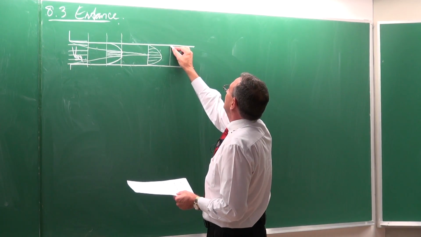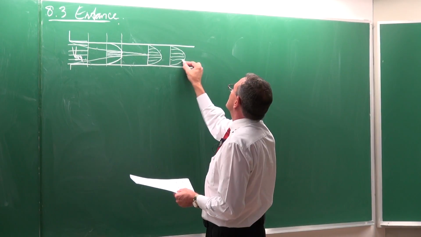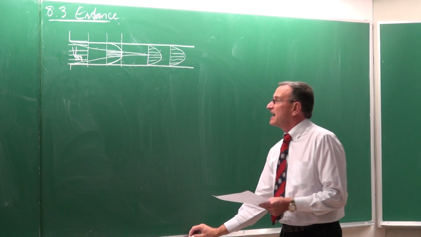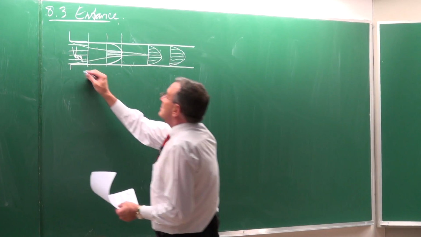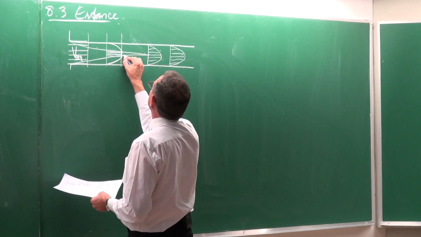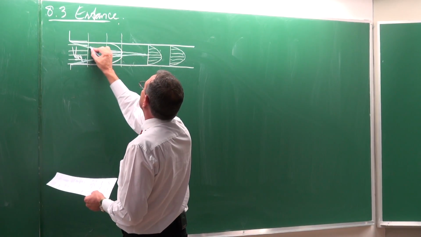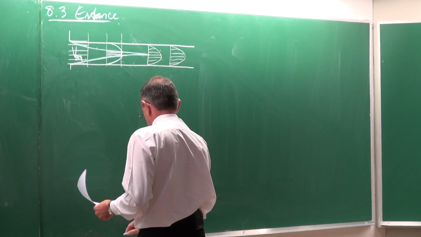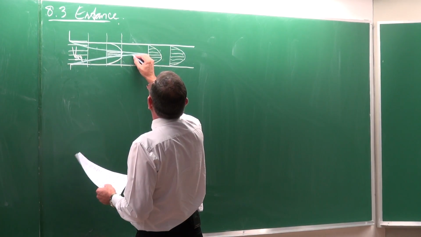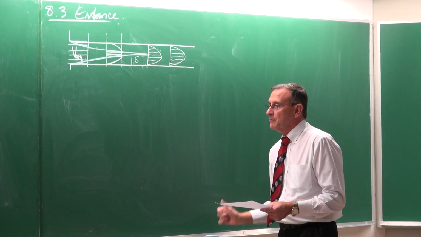It means that if we go downstream, the velocity distribution is going to be exactly the same. It's going to be like that. So in blue, I'm going to draw the velocity boundary layer. So that distance there is delta, the velocity boundary layer.